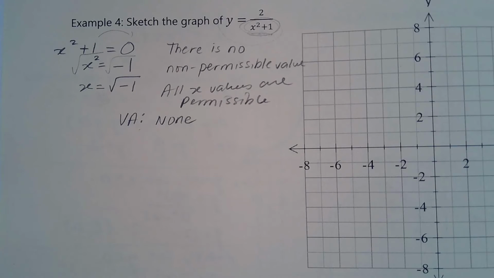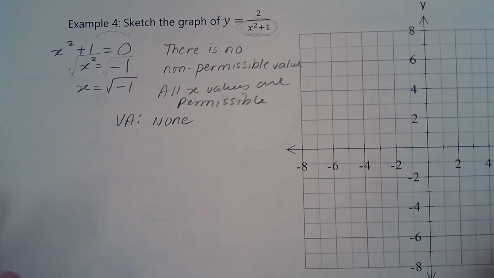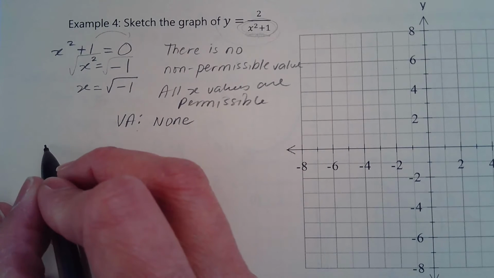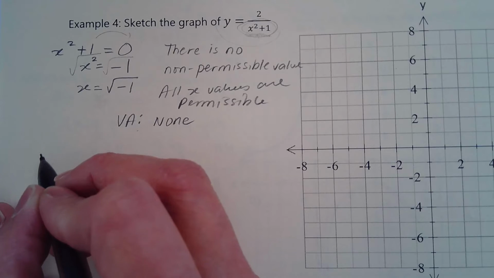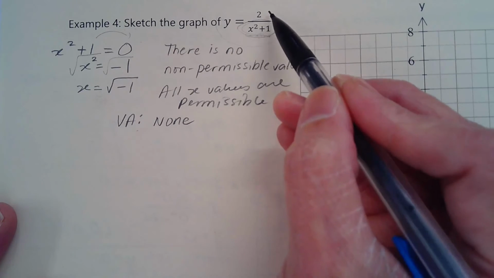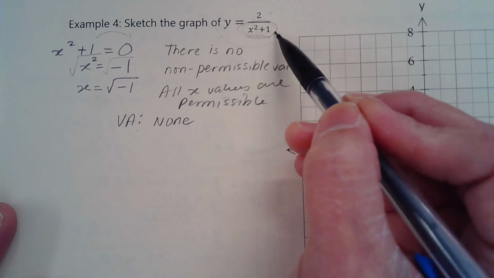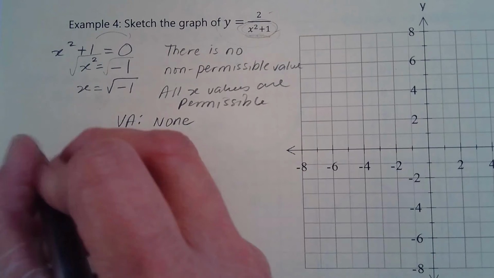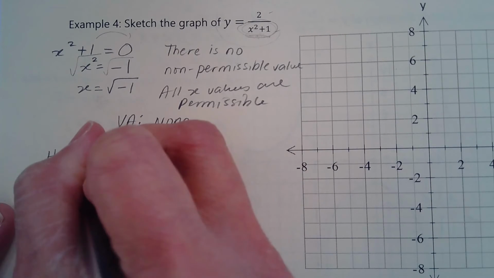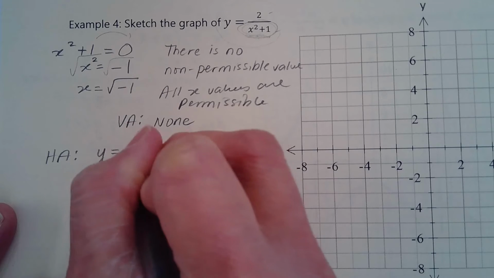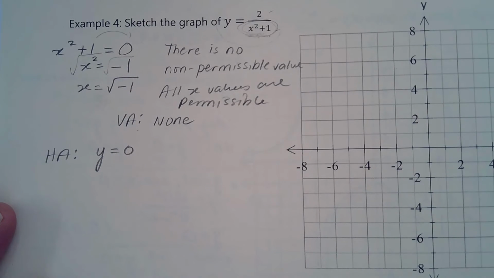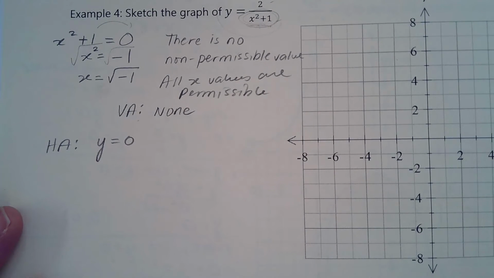Let's see if there's a horizontal asymptote. So is there a horizontal asymptote to this? Okay. The degree of the numerator is less than the degree of the denominator, so the horizontal asymptote is y equals 0. Okay, good. What about the x-intercept and y-intercept?